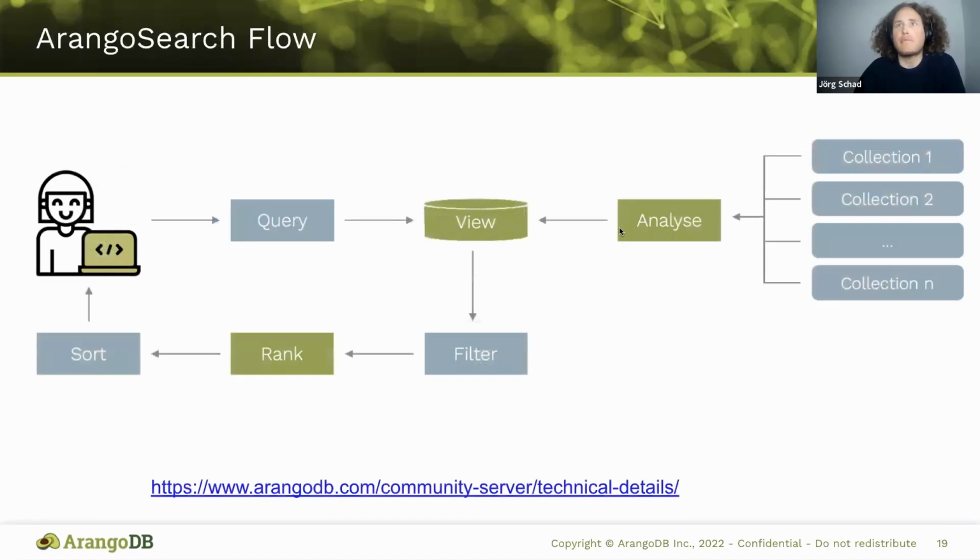So we basically analyze free text and then create a more structured view out of it. And this structured view can then be queried by the user. The results can be filtered and ranked and then returned to the user. And the new capabilities of ArangoDB 3.9 were exactly introduced in this phase, where we can create more powerful views.